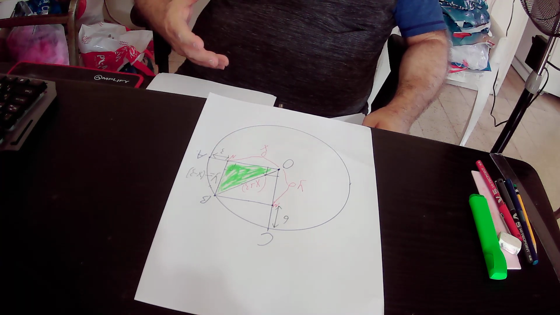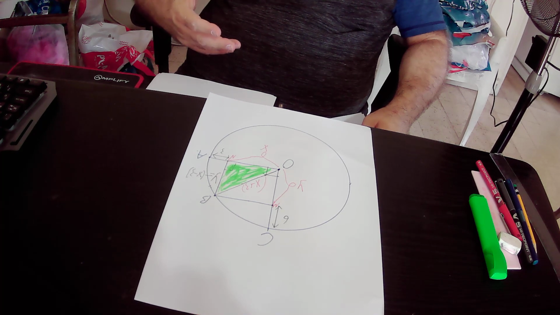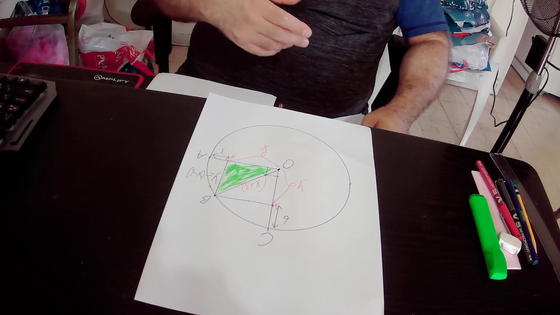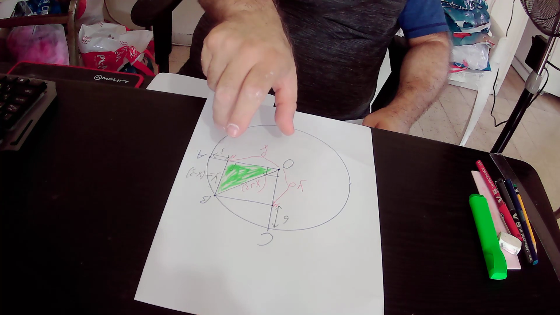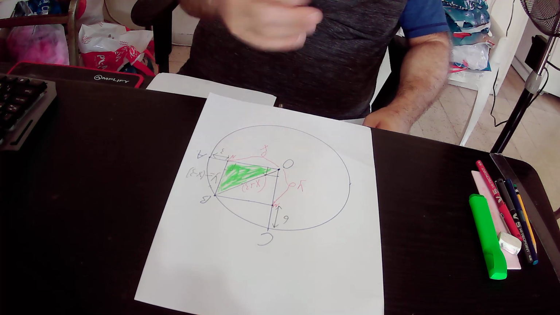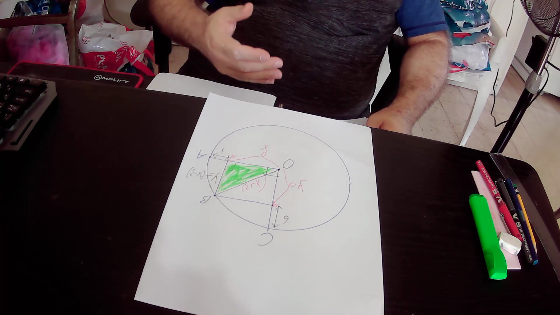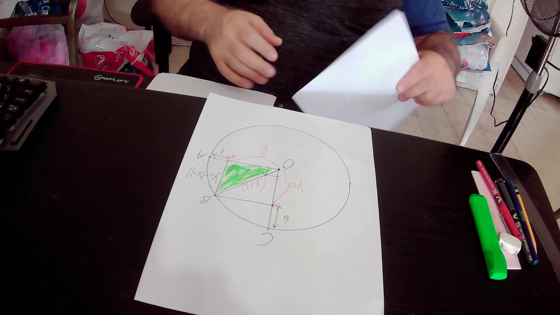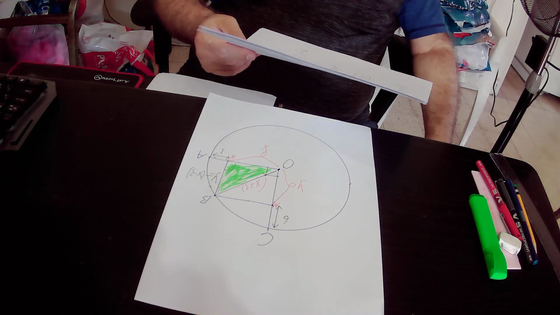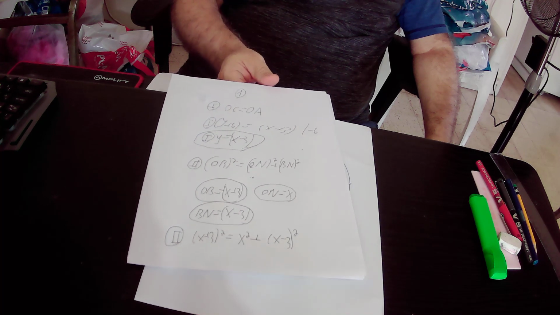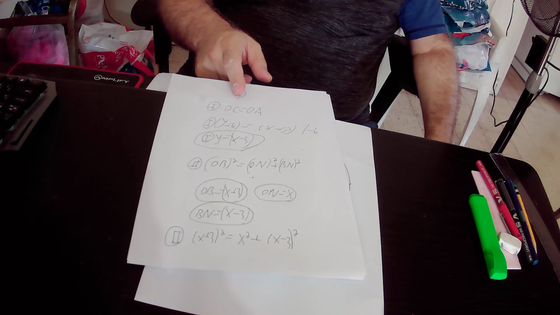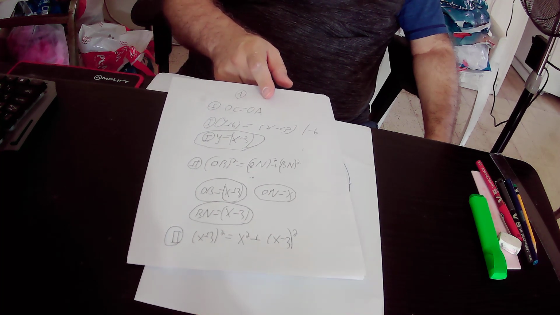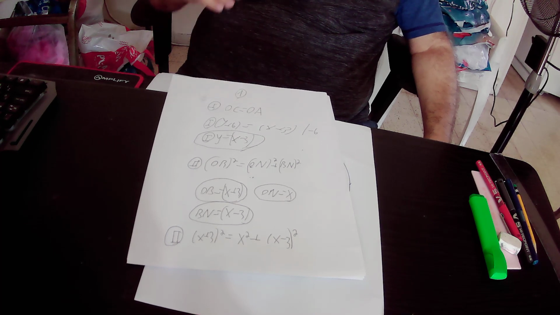Because both line segments OC and OA are the radiuses of this circle, they of course are equal to each other, so we can write our first equation that states that line segment OC equals line segment OA.